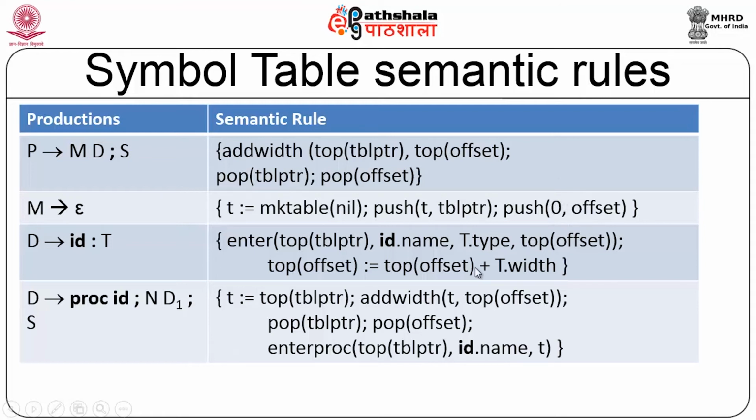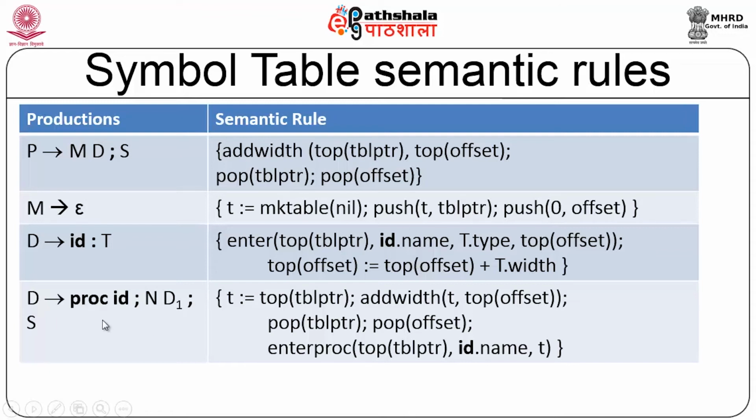Now, we will increment the offset as 0 plus the width of t. T is a data type, so it is going to have a width and a type. Type is put into the symbol table, width is used to update this stack. So, I have a stack of table pointers, I have a stack of offsets. This offset will have a 0 initially to start with and then gets incremented as and when I encounter new variables.